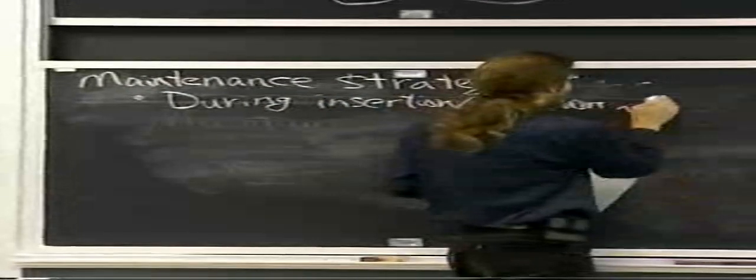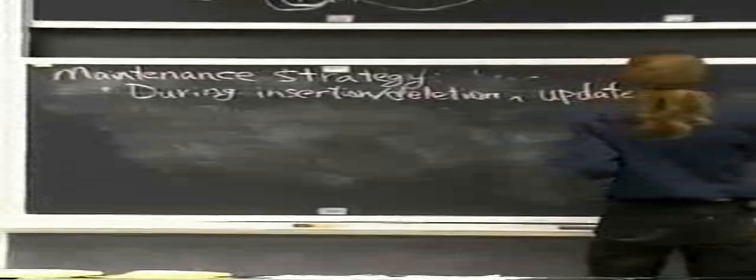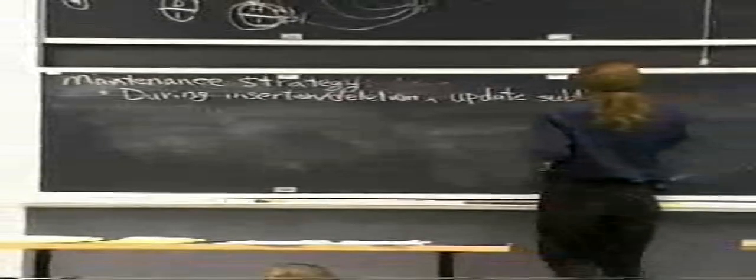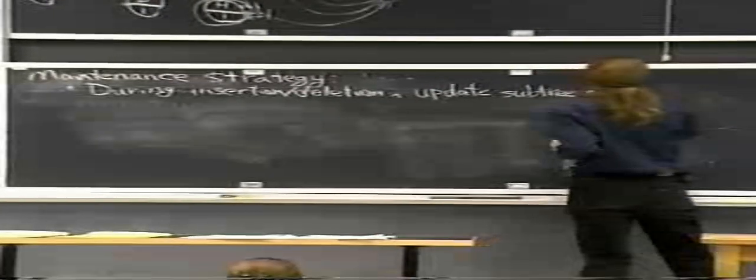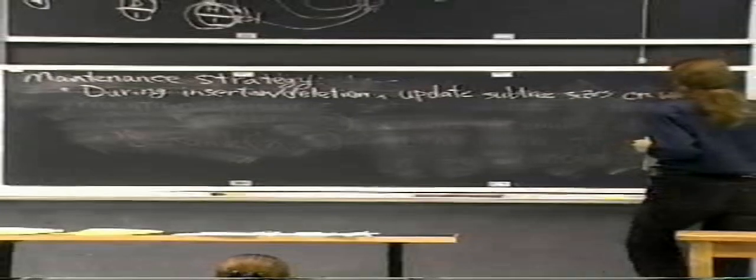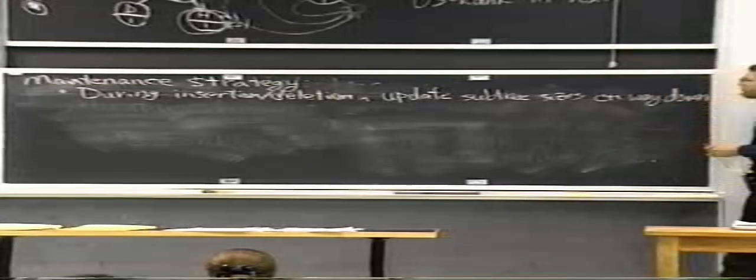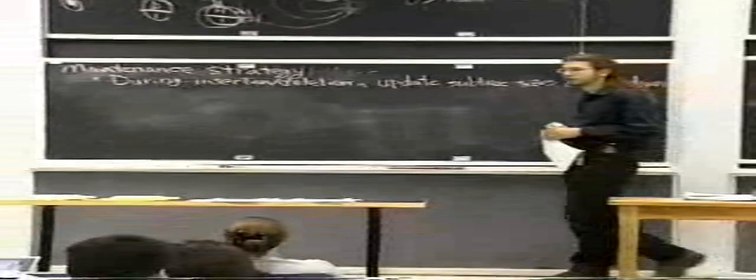And it's actually pretty easy to update the subtree sizes there. Both of these operations walk down the tree. And it turns out as you walk down the tree, you can tell what changes you should make. Okay, so let's look at an example.